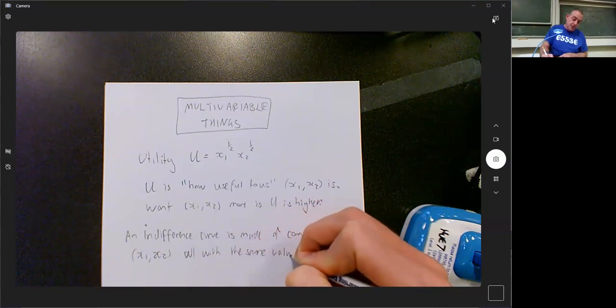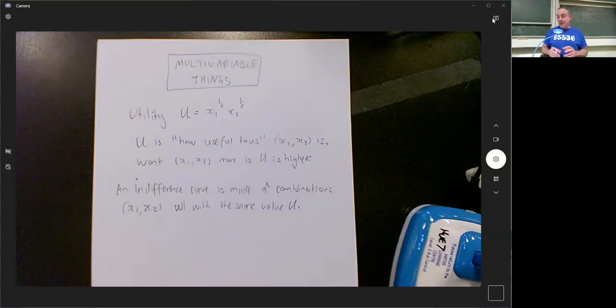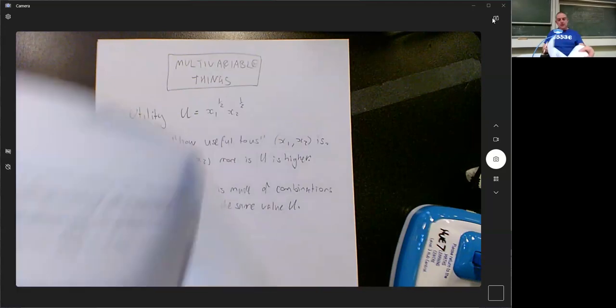The same value of whatever u works out to be. And the reason it's called indifference is the word indifferent means that you don't care. And so you're saying that, well, I don't care about having this option or this option because they've got the same usefulness to me. That's the idea behind it. And so indifference curves have the tendency to produce shapes like this.